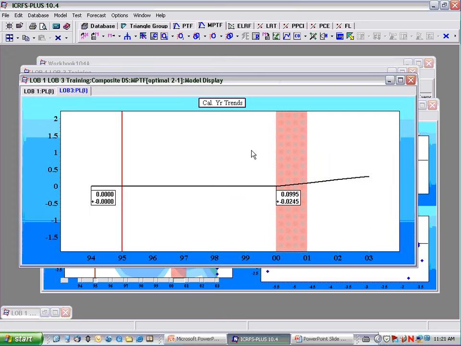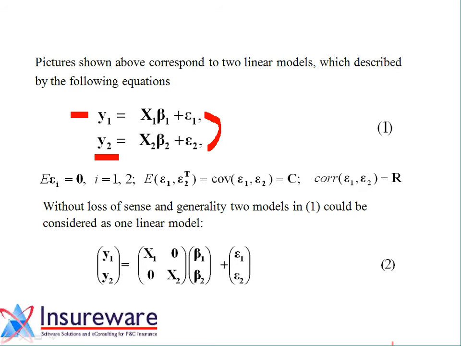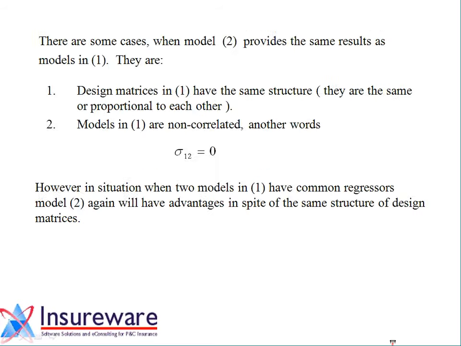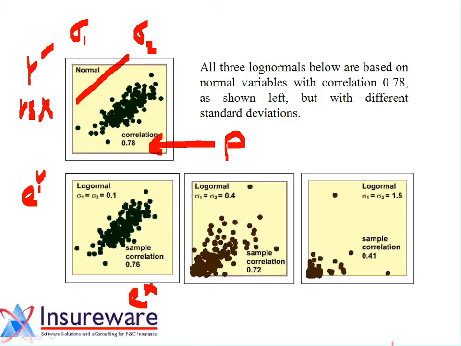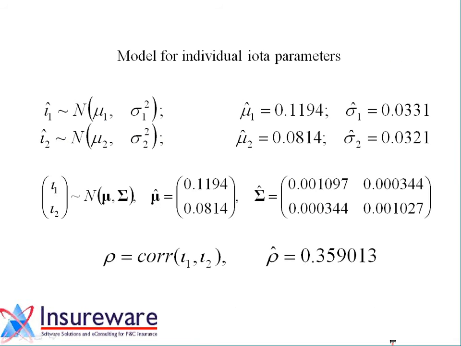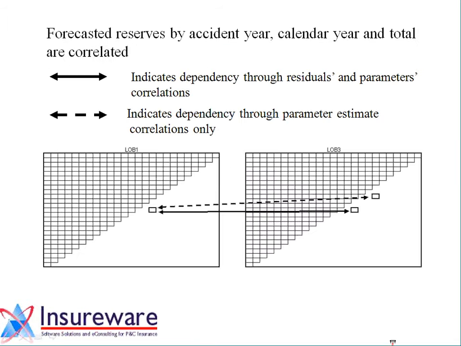Okay. Now, if we're going to do a forecast now, if I go back to my PowerPoint display, if you just forecast for one line of business, you forecast log normals in every cell and their correlations. We're going to forecast log normals in every cell and their correlations.